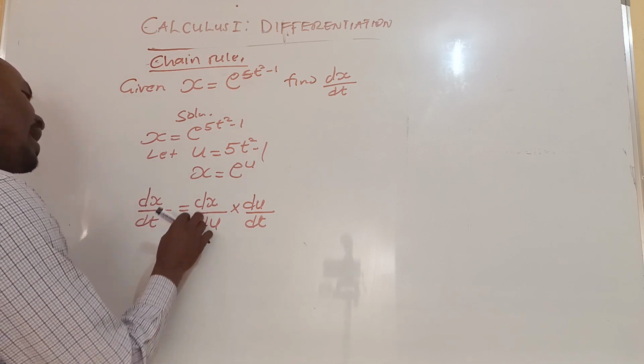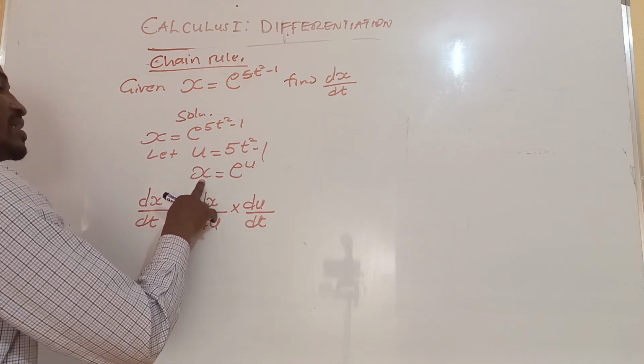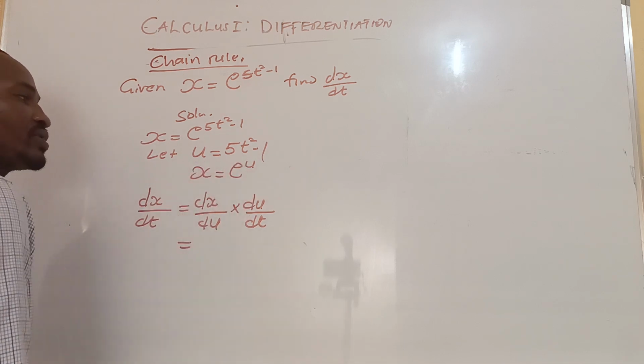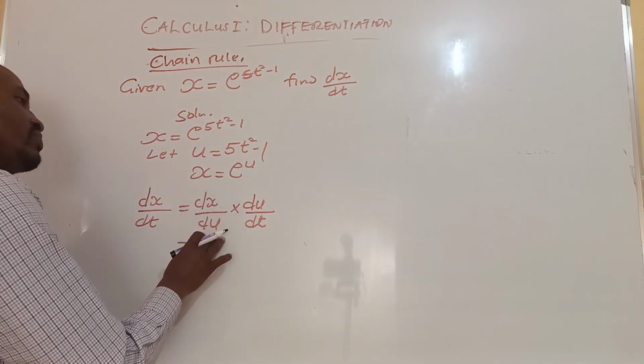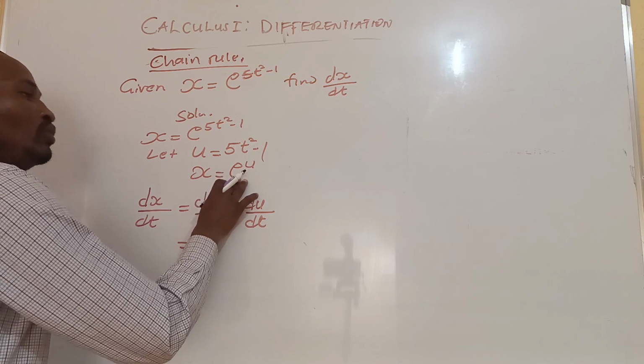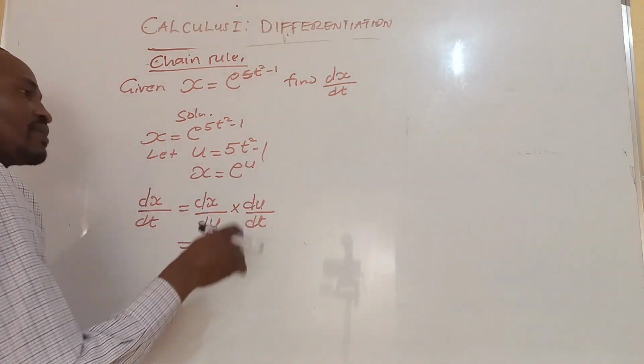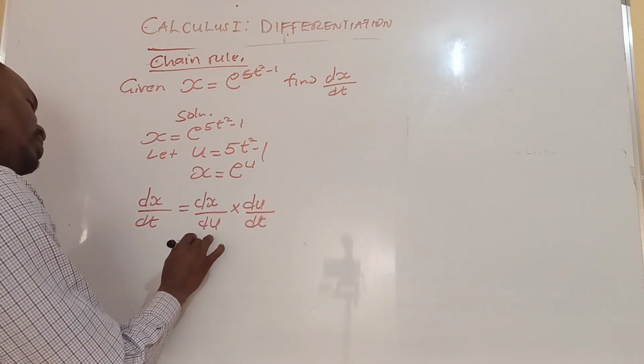So now what is the derivative of x with respect to u? If you differentiate both sides with respect to u, if you differentiate exponential u, it will remain exponential u.